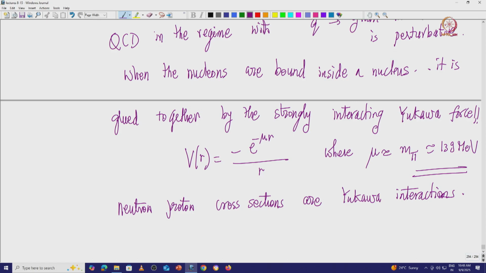On the numerator there is a term which fixes the range, because it is an exponentially falling term essentially. So what is that range? The range of the force is about 1 Fermi. And how do you get this 1 Fermi?